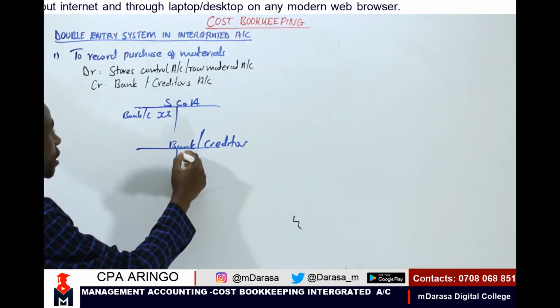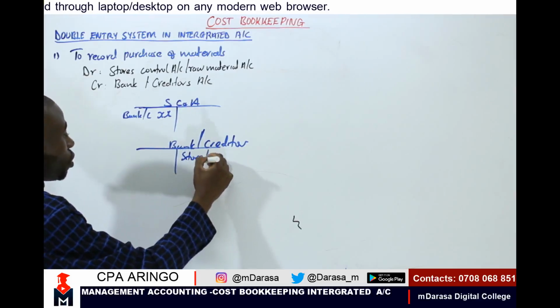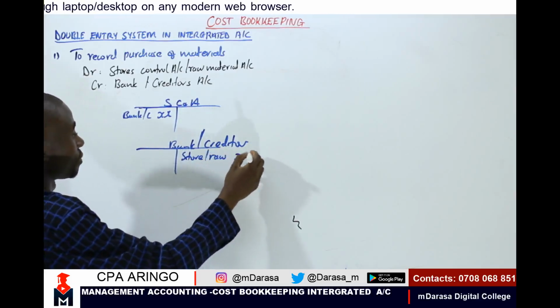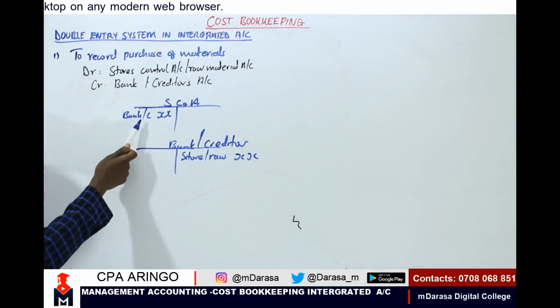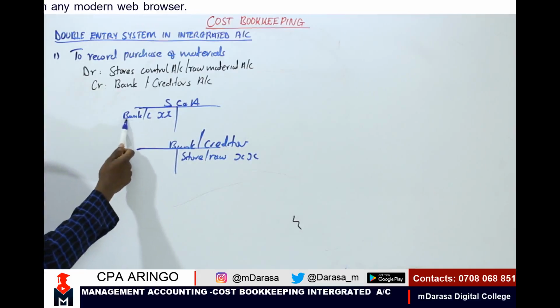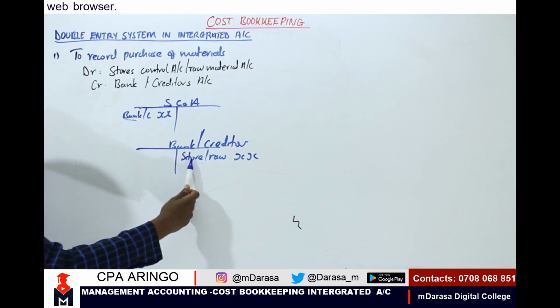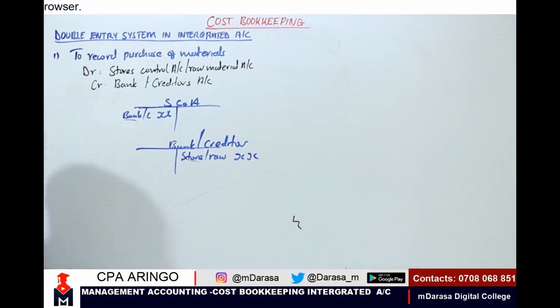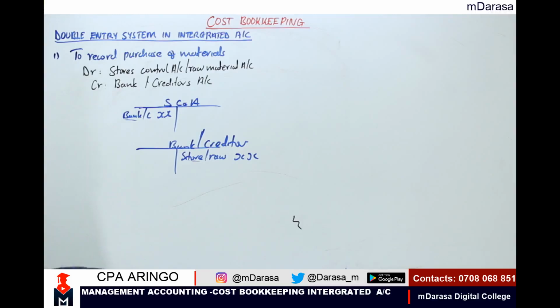So I'll be having the detail as stores ledger control account or raw materials control account. That means that I've debited, I've indicated where that has come from, if it's either from bank or credit, and also I've indicated where it has gone, the aspect of credit. That's what you're terming as double entry, in relation to that.